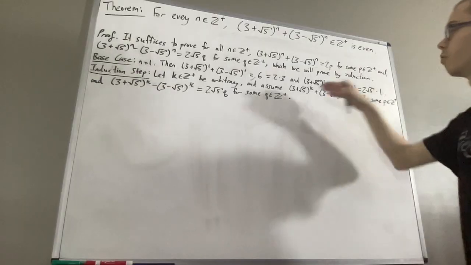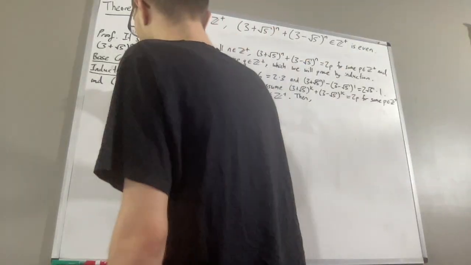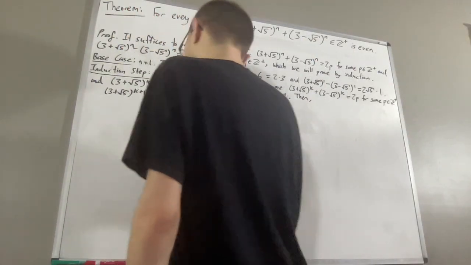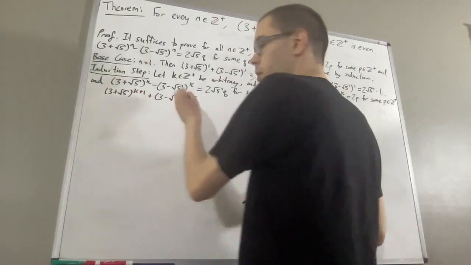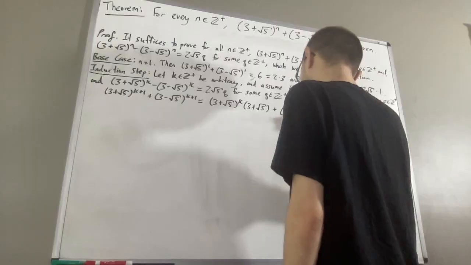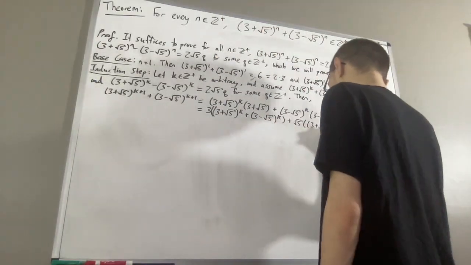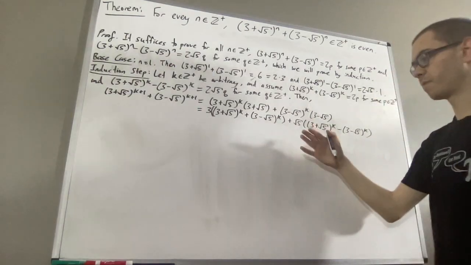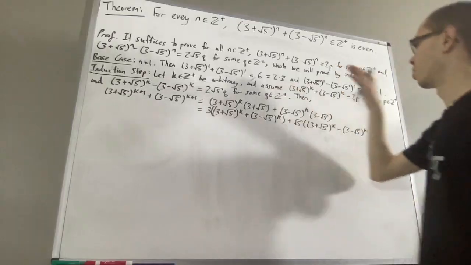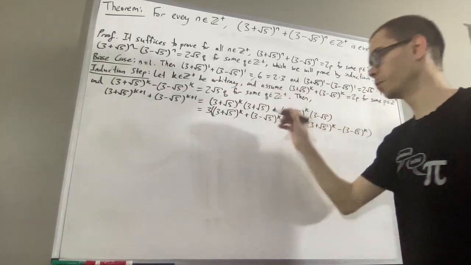So, let's write this guy where instead of k we have k plus 1. And what we're going to do is pretty much follow what we did in our scratch work. Right? So then we'll just substitute this quantity for 2p, substitute this guy for 2 radical 5q.